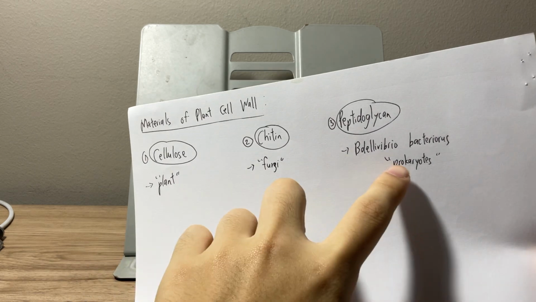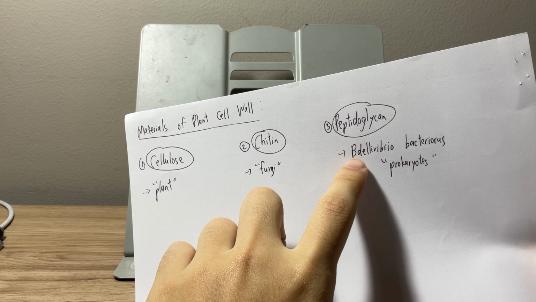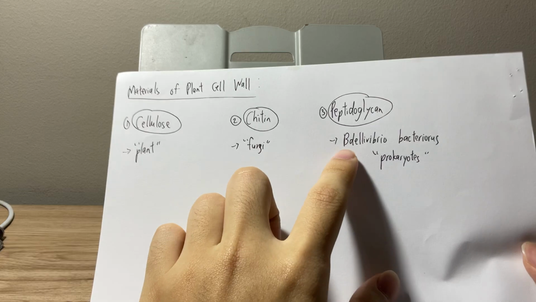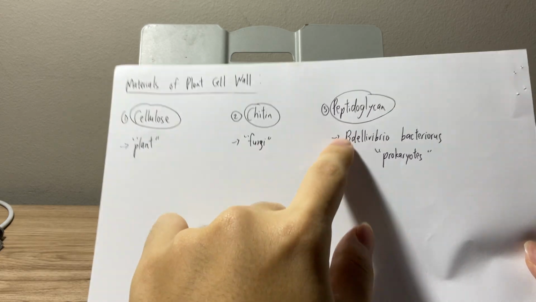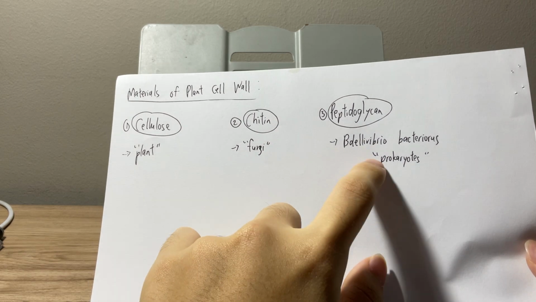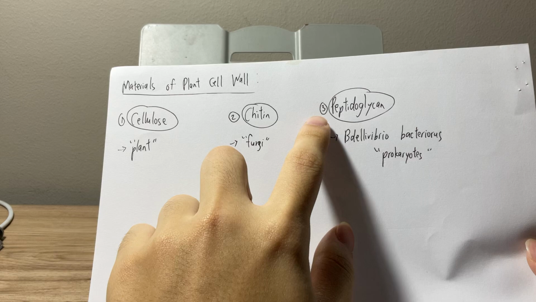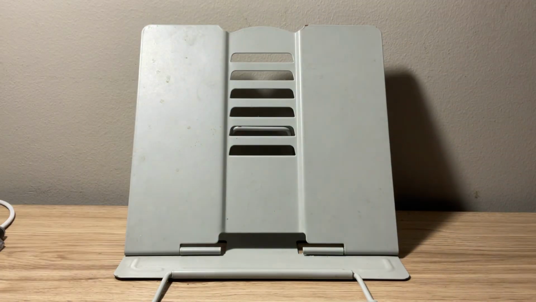For prokaryotes, more specifically, ain't no way I'm gonna say this. With the Liverio bacteriorus, just for this specific prokaryote, or possibly others, their cell wall is made out of peptidoglycan. Okay, no back page. Okay, next page.